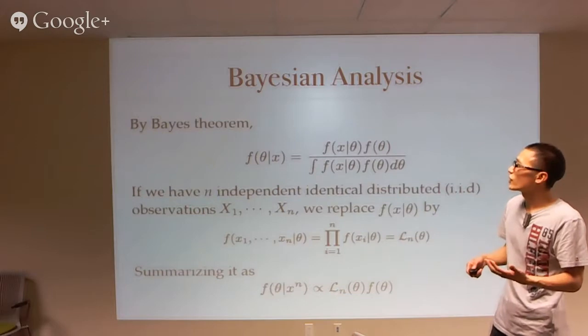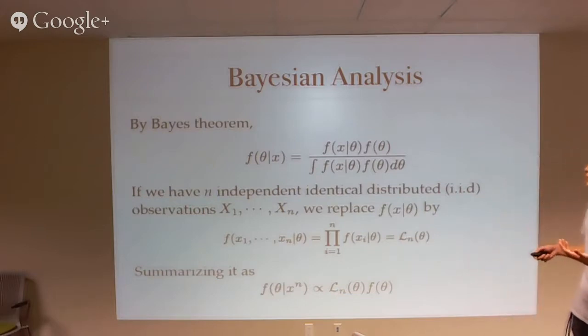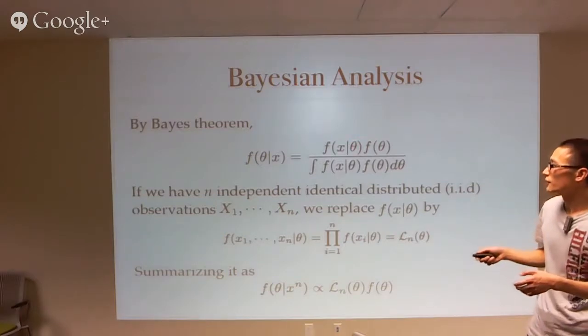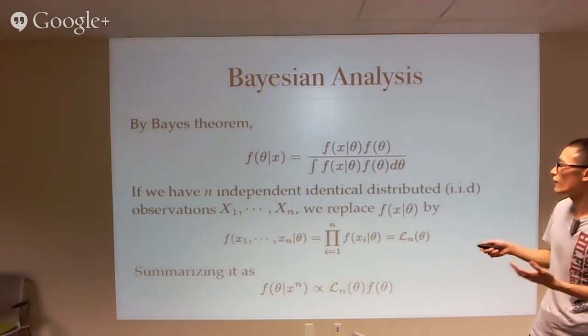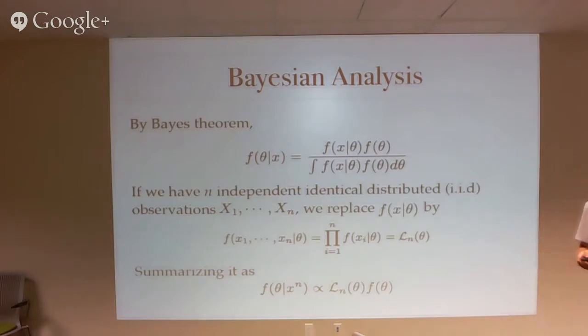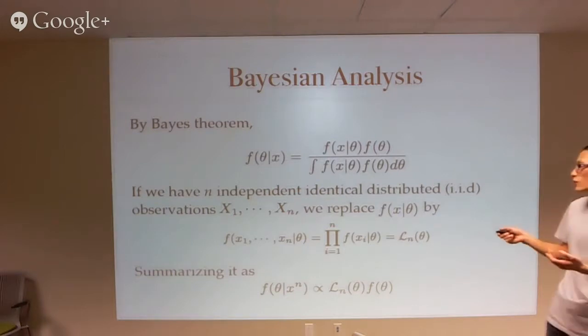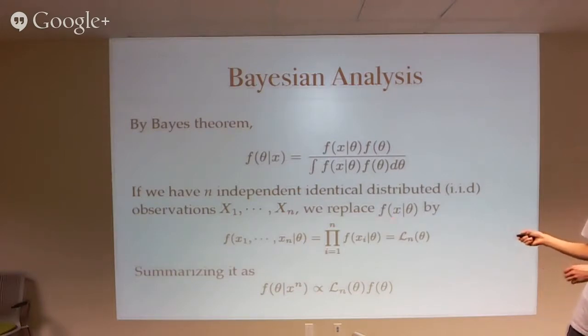So we use Bayes theorem. Here you can see if it is a continuous distribution, we use the integral, and then it is the same as previously. If we have independent identically distributed observations x1 to xn, we get the likelihood, because sometimes we call it the likelihood, right?